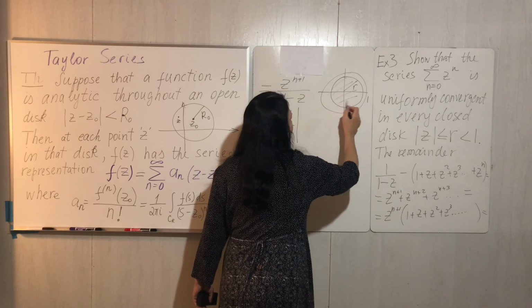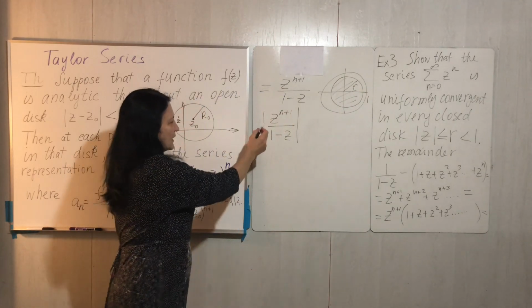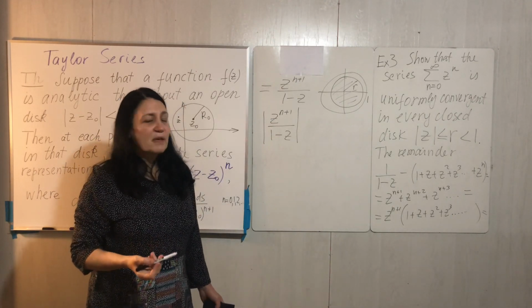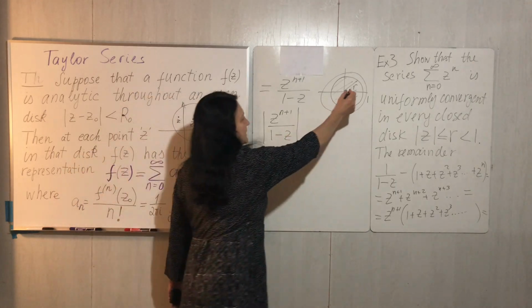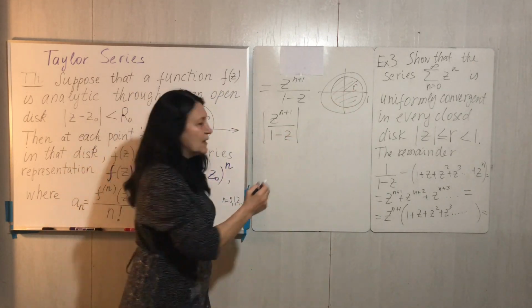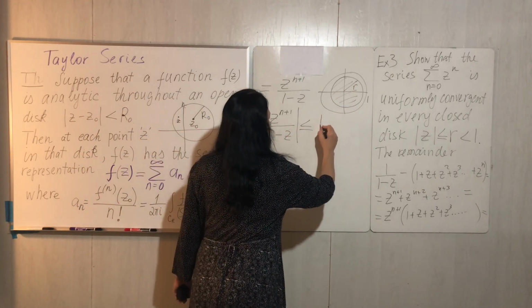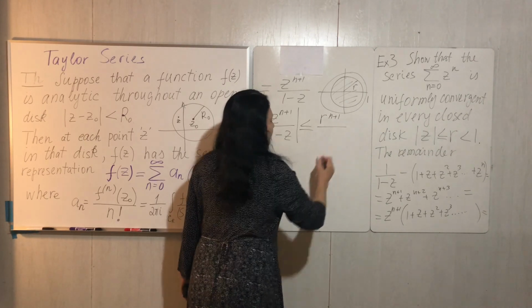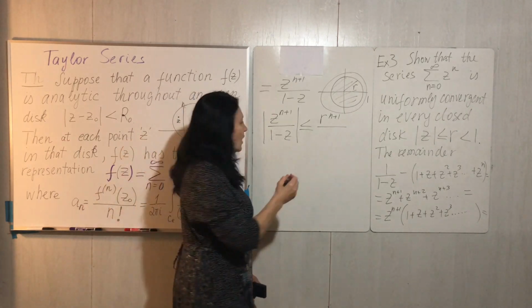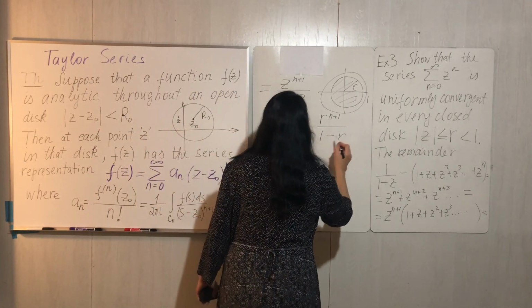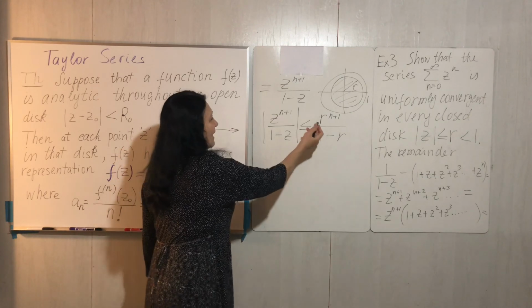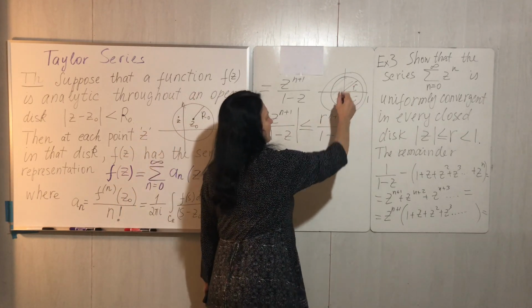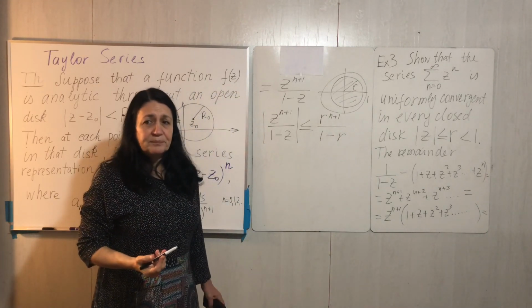If we are talking about the modulus of z, of course the biggest possible would be r, when we're sitting on the boundary. So that would be less or equal to r^(n+1) over 1 minus r, so that this r will fit all of the possible z inside this disk.